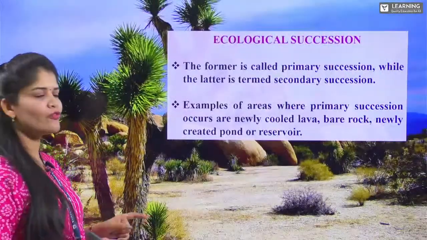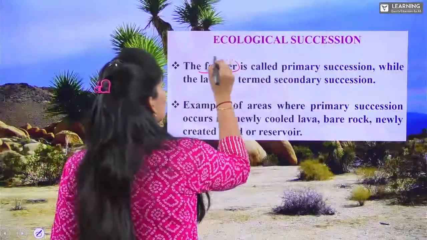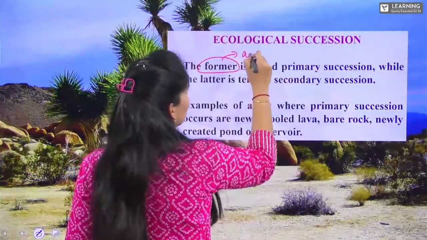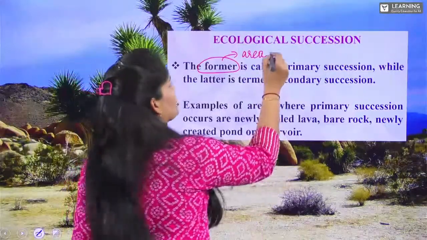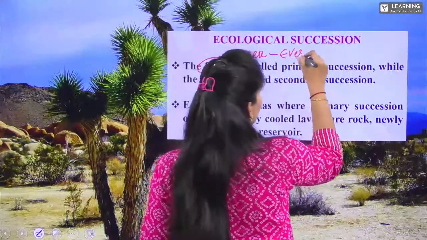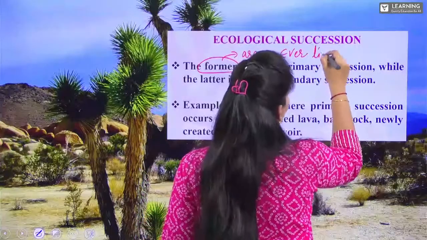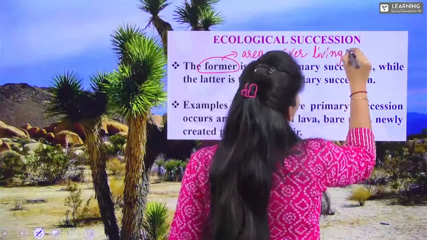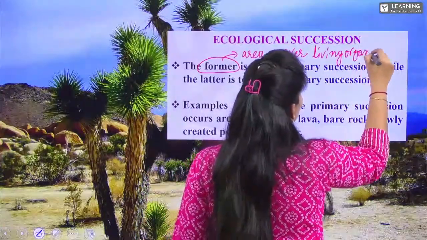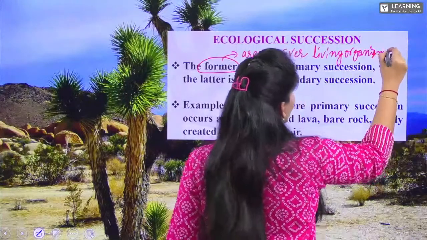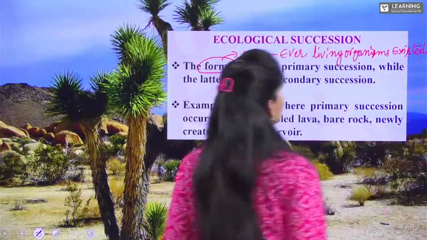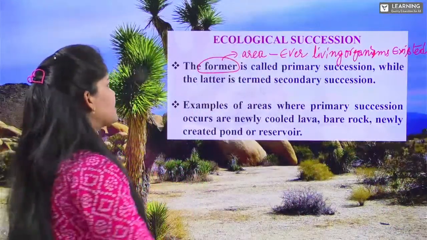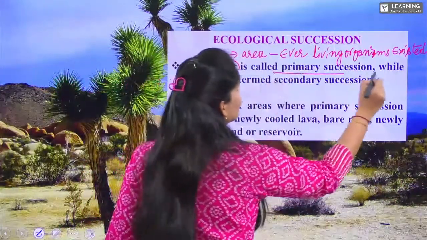The former condition, where the area has no existence, where living organisms never existed, will show primary succession.